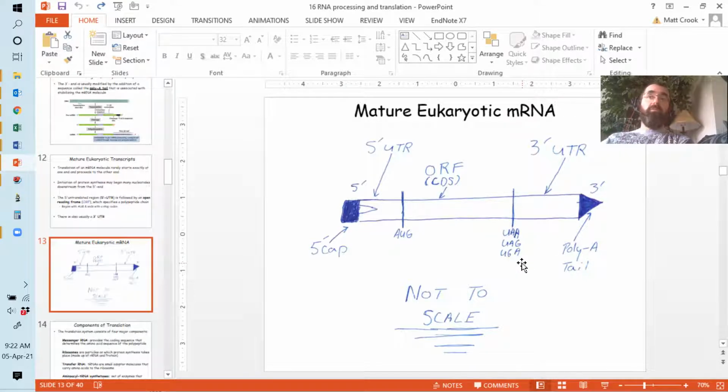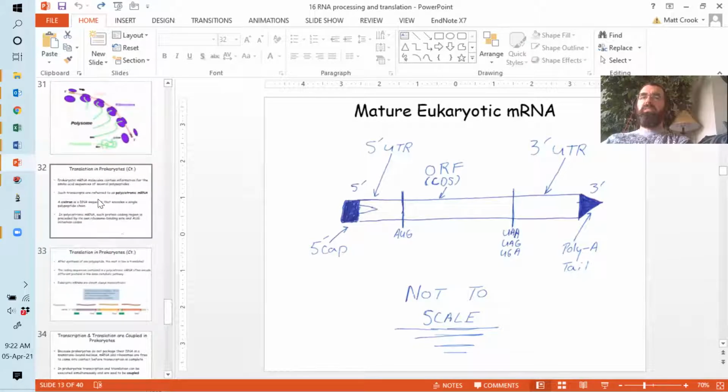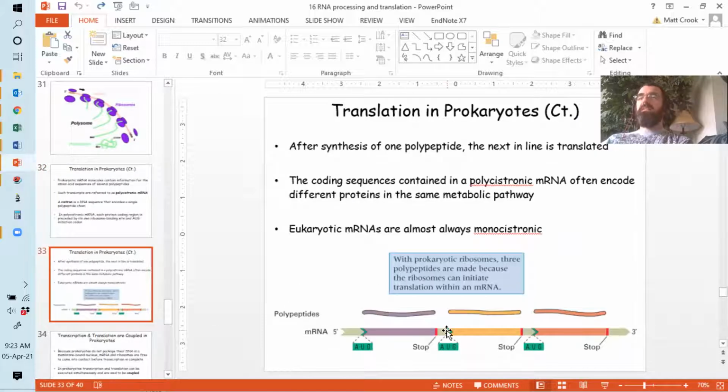So it's one gene, one mRNA, essentially. In prokaryotes, we have something slightly different. Now we have something called cistrons. A cistron is basically a stretch of DNA that has multiple polypeptide encoding bits in it. We would normally call these a gene. In eukaryotes at least, one gene equals one mRNA equals one protein.